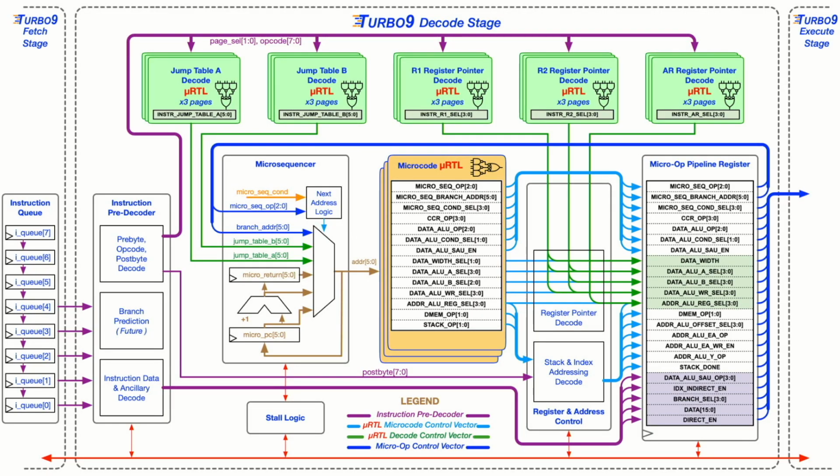I'll explain here. Let's just take one of these for example. Let's do R1. R1 is a register pointer, and it's going to map into the ALU A select and the ALU write back select.